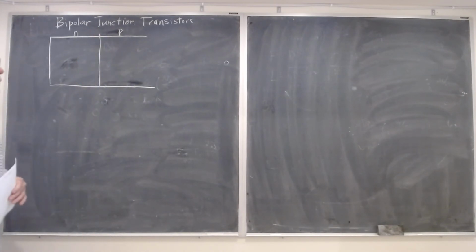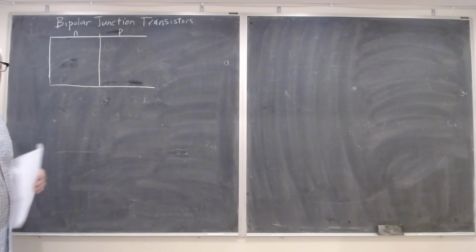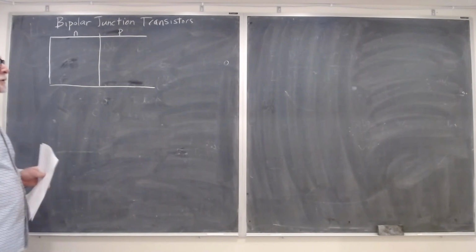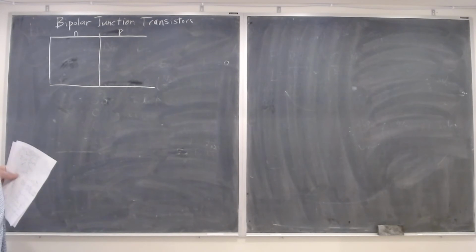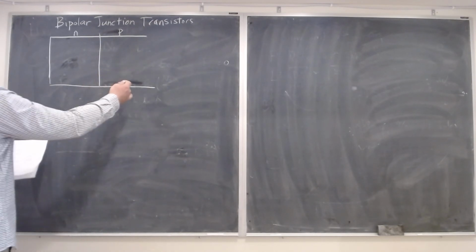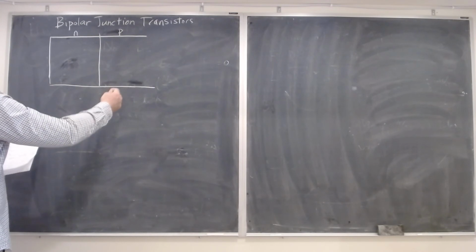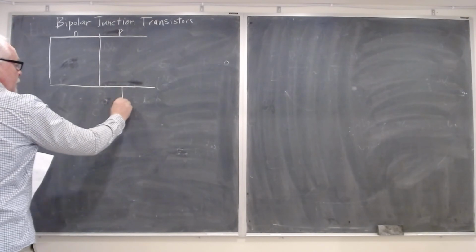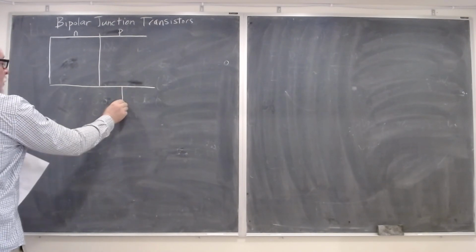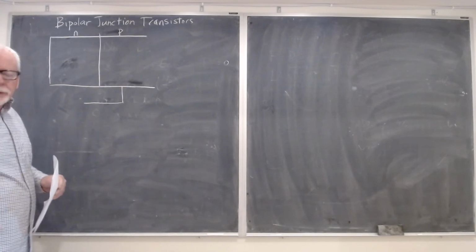The reason is that we're going to do an NPN transistor, and for NPN, the voltages and currents are all positive, so it's easier to start thinking about it. Now, we're going to forward bias this junction, and remember your mnemonic: forward bias is a positive voltage on the P side.